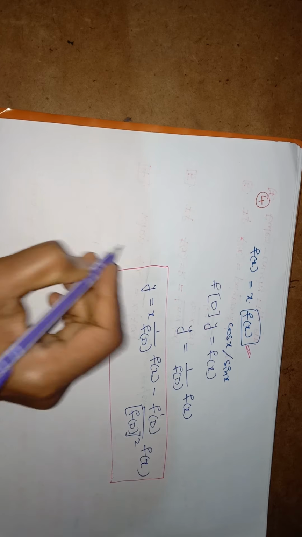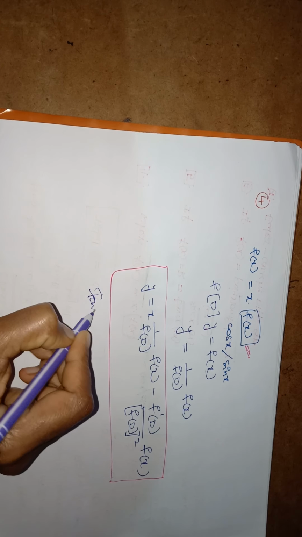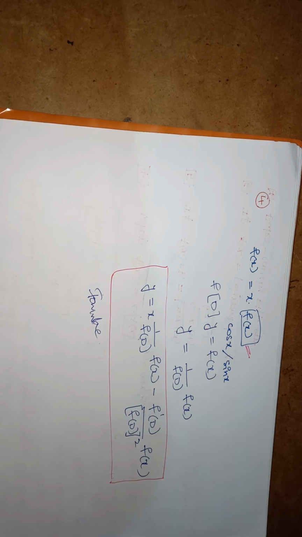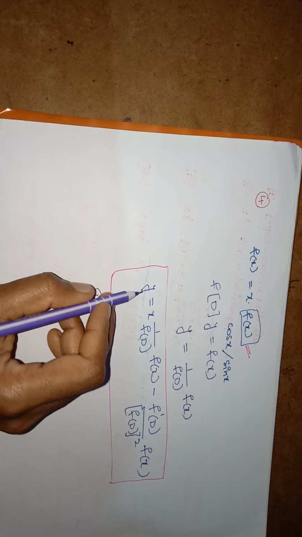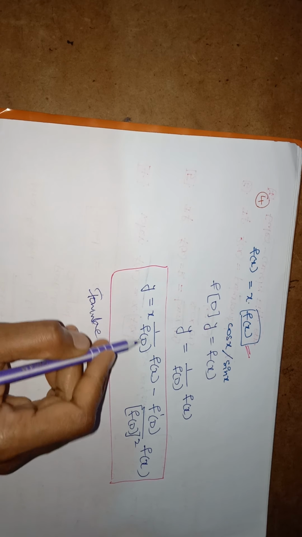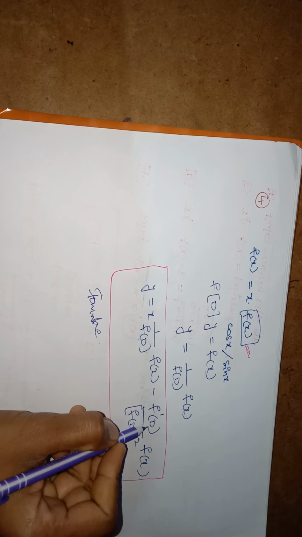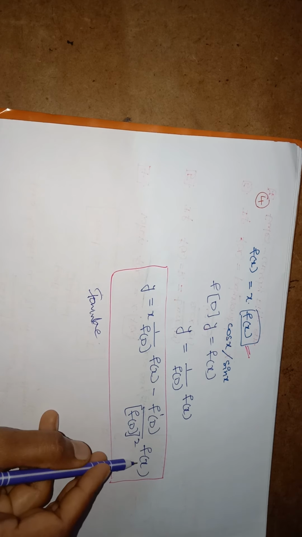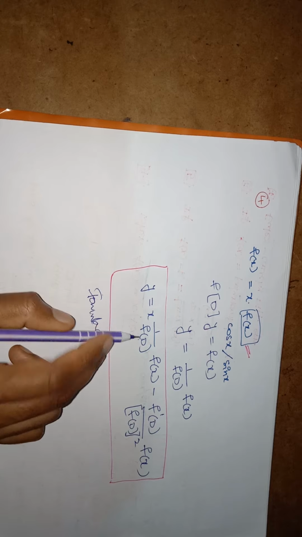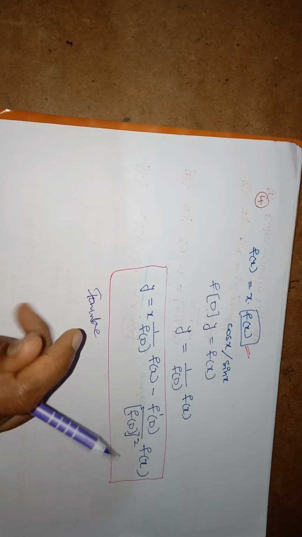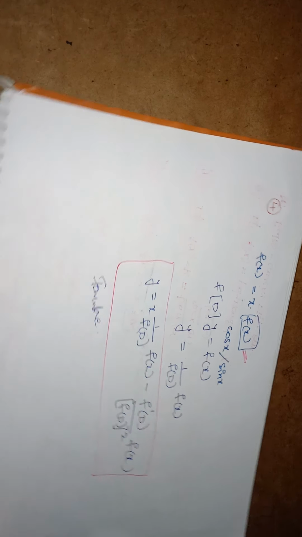Just remember this formula. Actually this is a formula for finding the solution for higher order non-homogeneous linear differential equations, and the formula is y equals x into 1 by f(D) into f(x) minus f dash of D by f(D) whole square into f(x). Here f(D) is nothing but the auxiliary equation for the given equation.